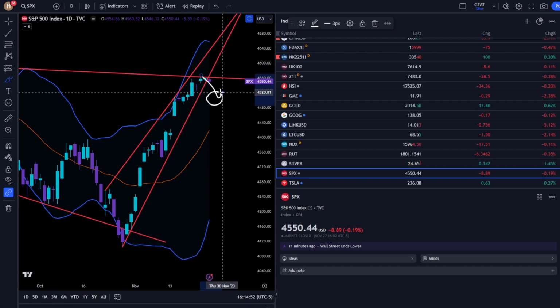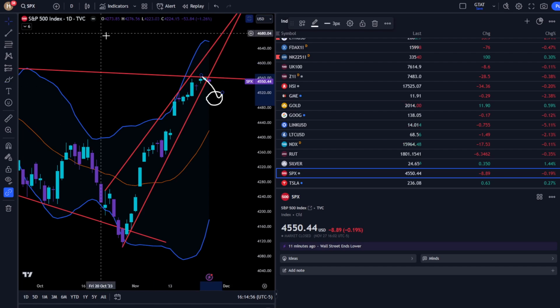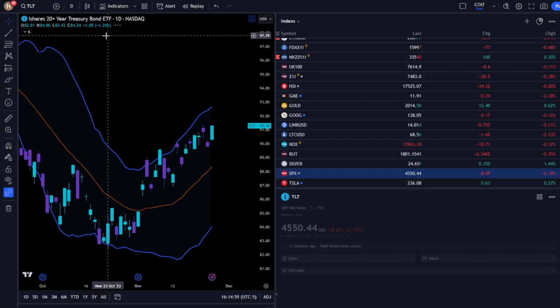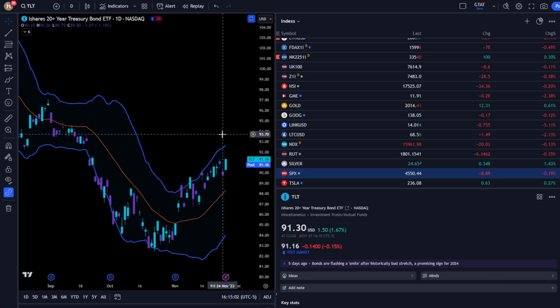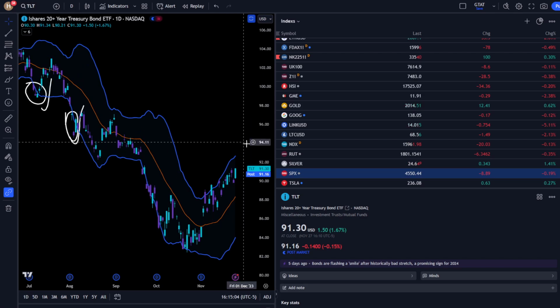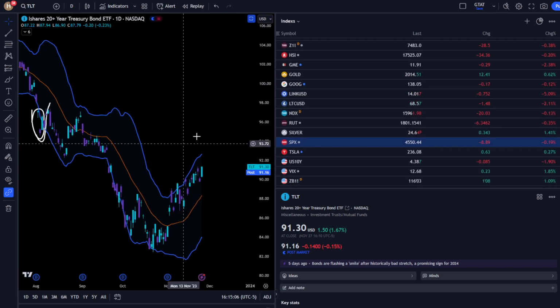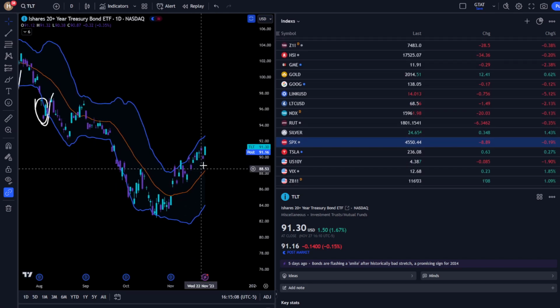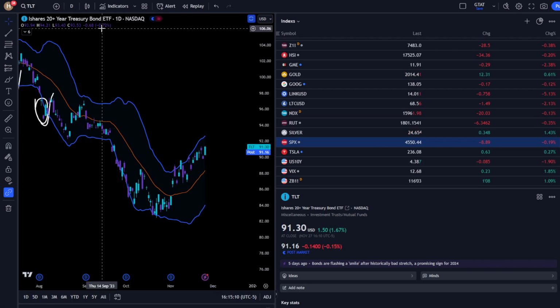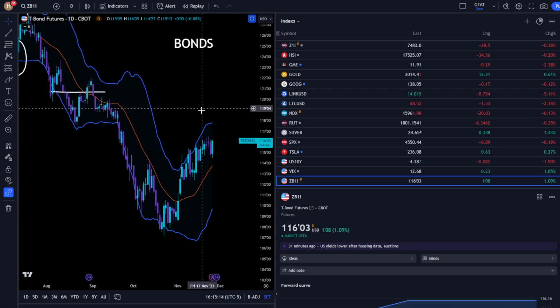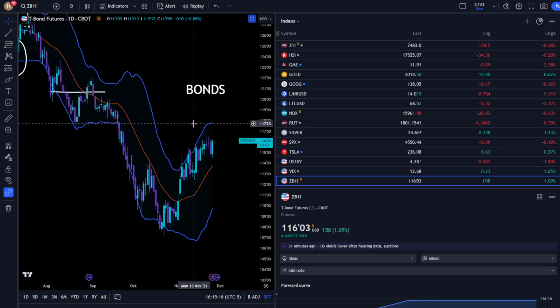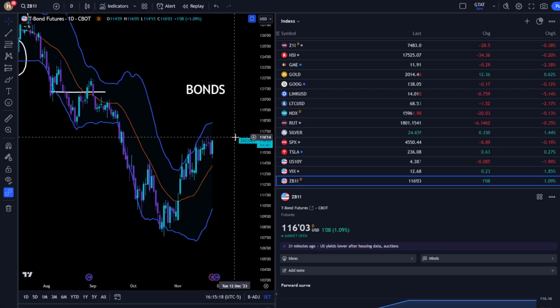All right. The other interesting thing that we could take a look at is TLT, and I'm very bullish on TLT. TLT is one of the main reasons why the market is also bullish. TLT is the 20-year bonds. As we know, look at the TLT, he's the 30-year bond. Basically the bonds are doing well.